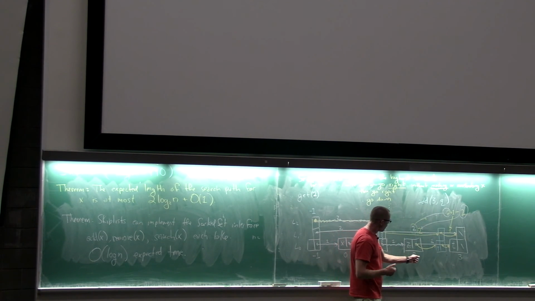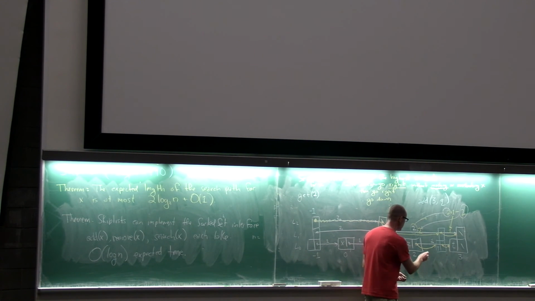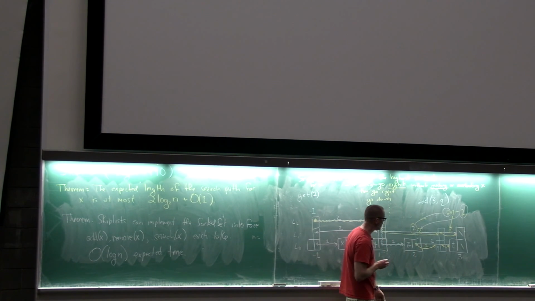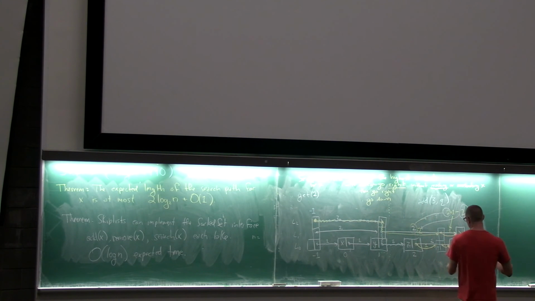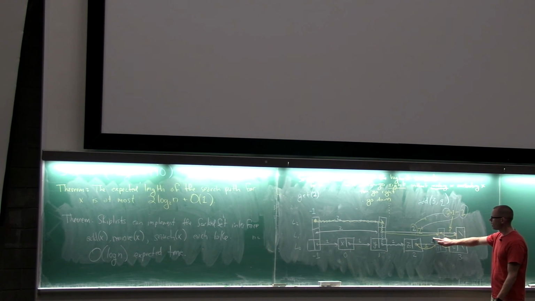Again, we knew we were at the node at position 2. We're inserting the node at position 3, which means this pointer must have length 1. And what's the length of this pointer? Well, it used to be of length 1. We add 1, and then we subtract this 1. So this one is also 1.